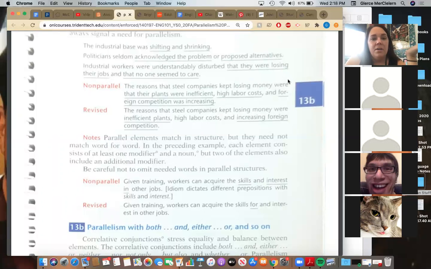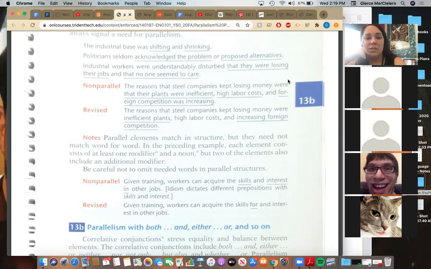So that's not parallel because the three things they're listing are not in the same form, or sometimes they won't even be in the same tense, and you'll know that it is not parallel. So the reason is that their plants were inefficient, and then you want to say that they had high labor costs and that foreign competition was increasing. You just want to make sure that all parts of it are structured the same.